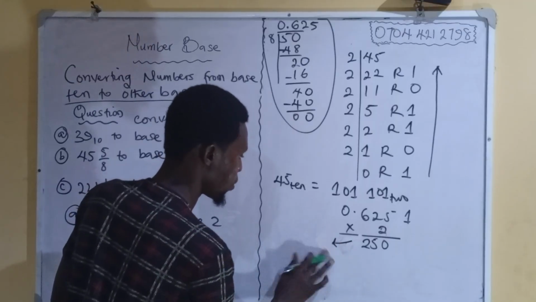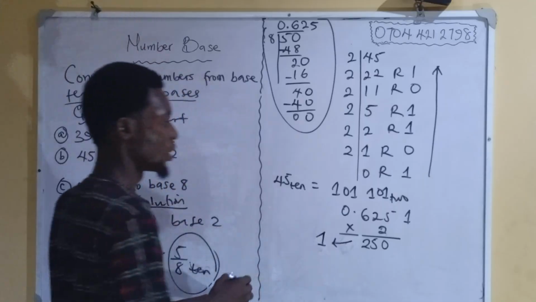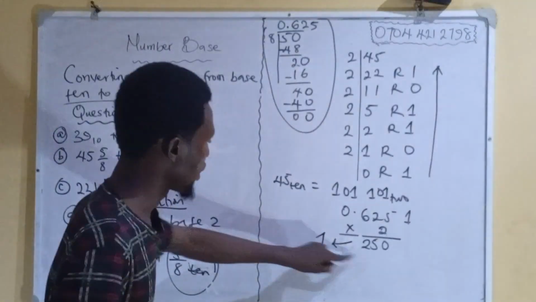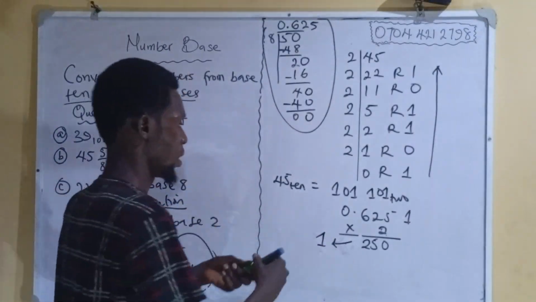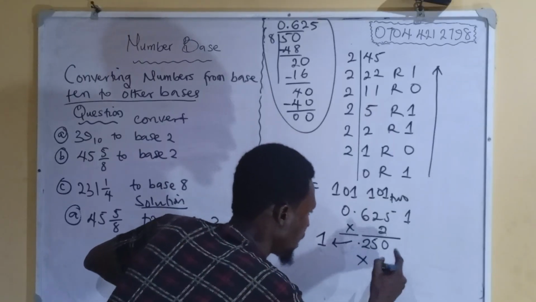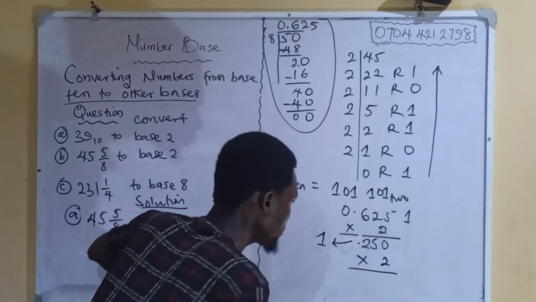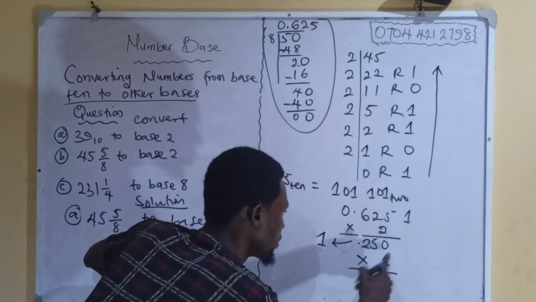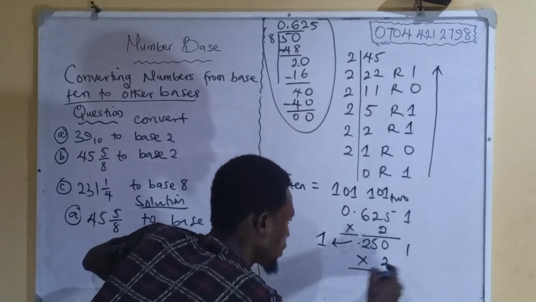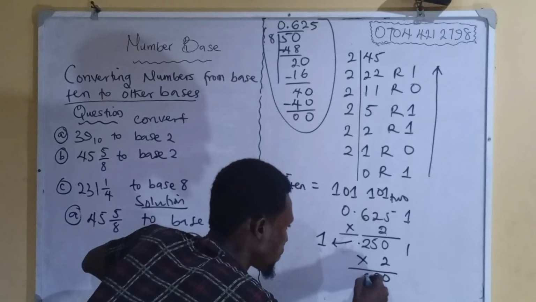So each time you get a whole number, you keep it. Whether the number can be 0, yes. At the end of your calculation, you can end up having 0 there, so you keep it. So you multiply again. This is 0.25. If you multiply this, 0 carry 1, and this is 5.